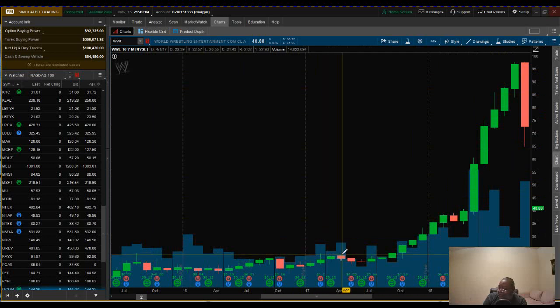So if you are position trading and you see that the stock is stuck between a certain price range, at the end of the time frame that you have, whether it's 6 months or a year, you have to reevaluate. Do you believe that the stock is going to get higher? Do you think it's going to go up?